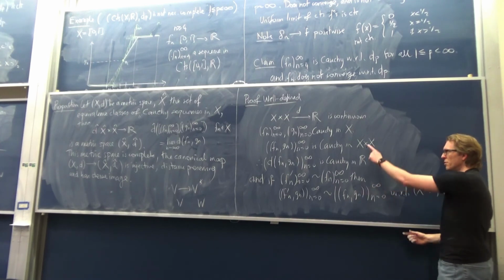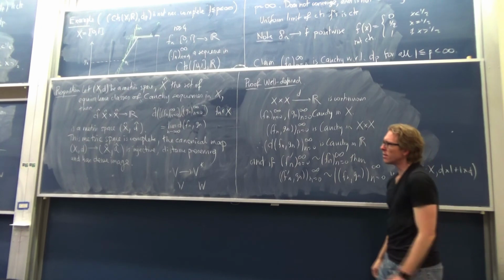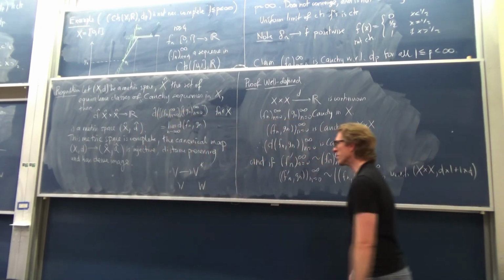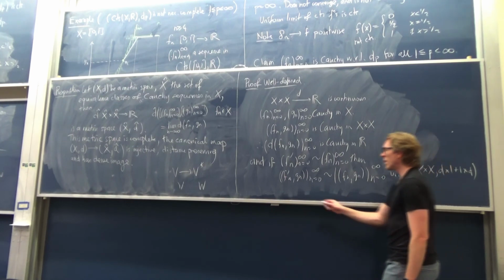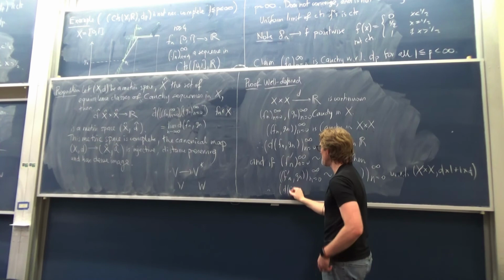With respect to the induced metric on X cross X, these pairs satisfy the equivalence, as you'll see if you just write out what the distance is between them. Therefore, applying d, they must be equivalent as well.